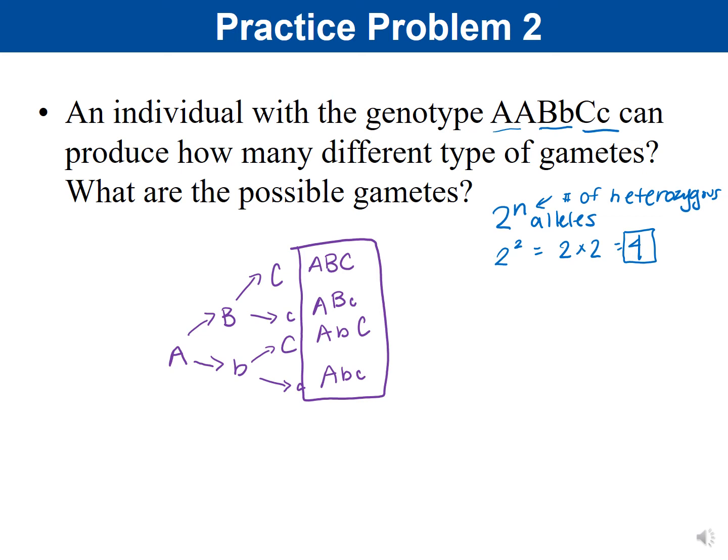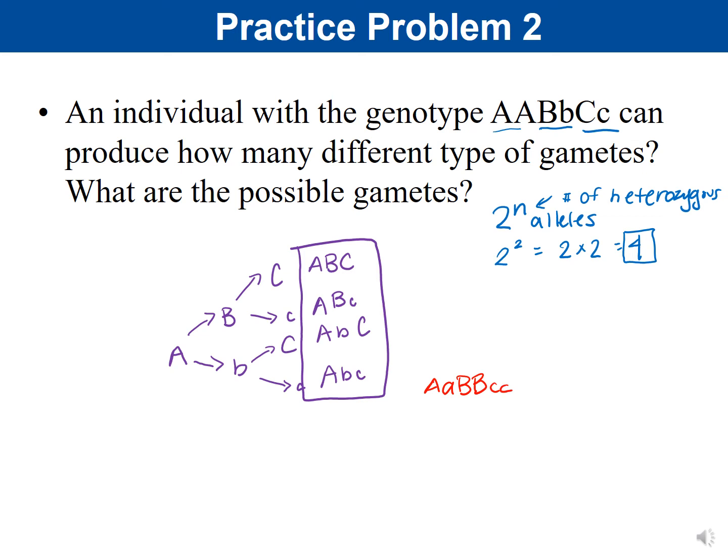So what I mean by that is, let's do one that's slightly different. Let me write one out: if I wanted to know the types of gametes, and we have big A, little a, we'll do big B, and we'll do little c.